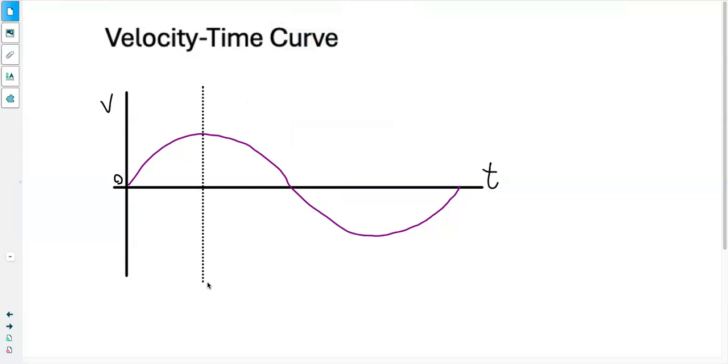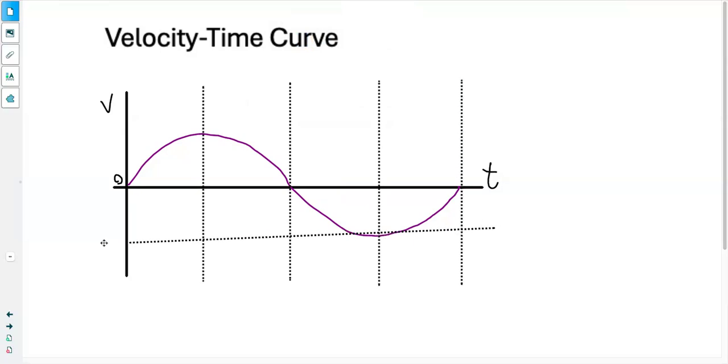We're going to split any place we have a maximum, anywhere we cross our x-axis, any place we have a minimum. And then we're going to use some notation we've already been using.